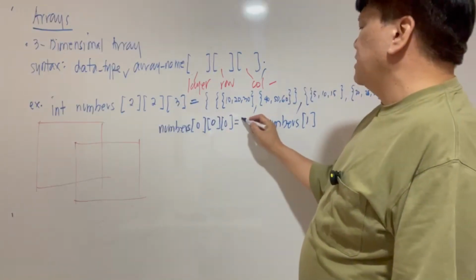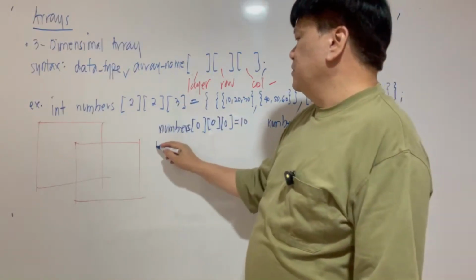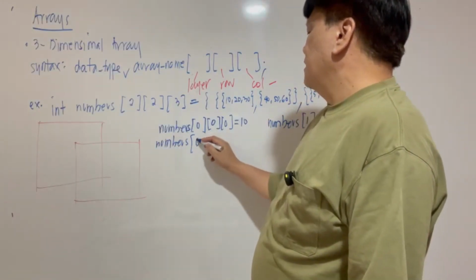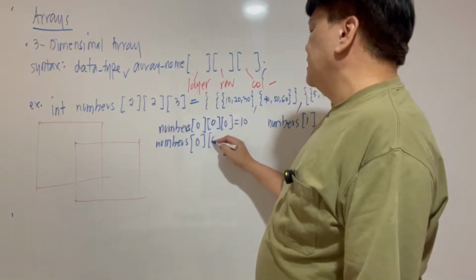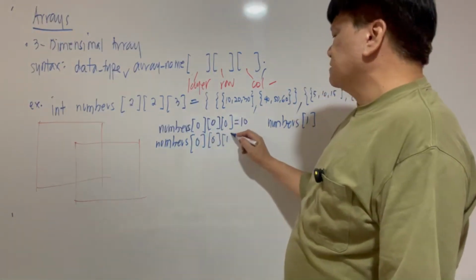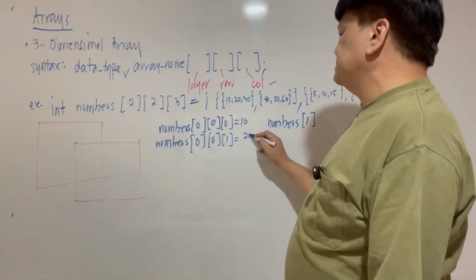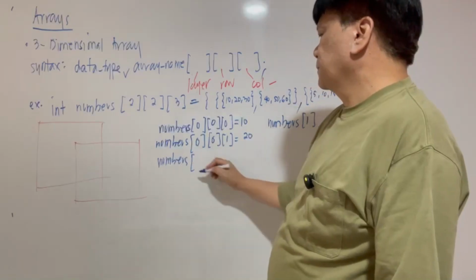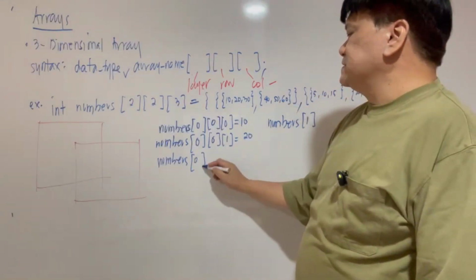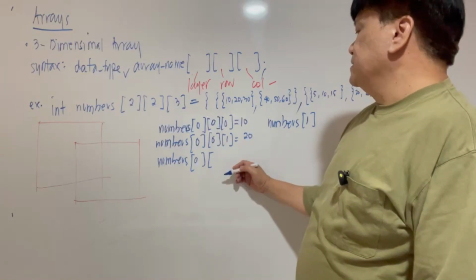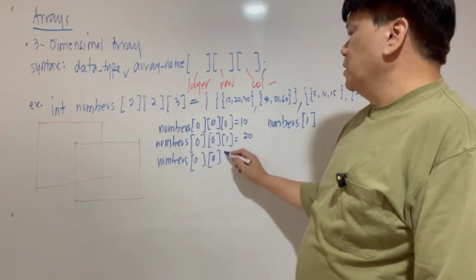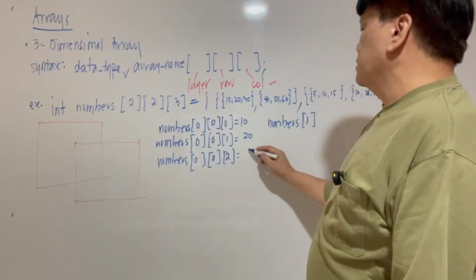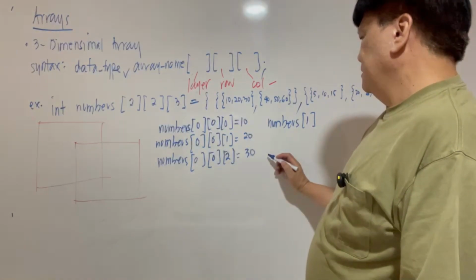Therefore you have 10. Then again the first layer, first row, second column: you have 20. Then the first layer, first row, third column at index 2: you have 30.